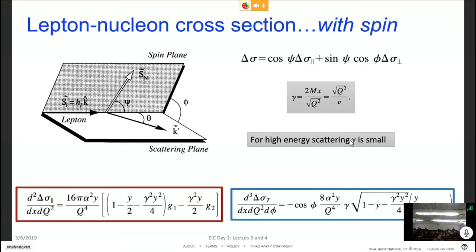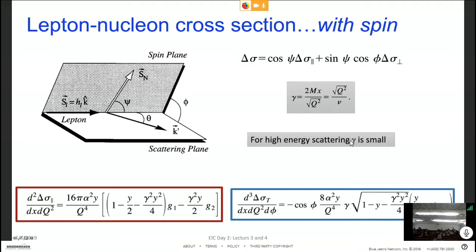With the kinematics that is shown, you can then show that the cross sections for spin can be characterized by the G1 and G2 structure functions, which are shown here. The G1 is here and G2 is here.